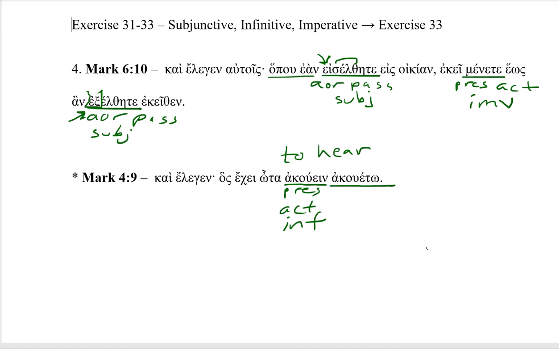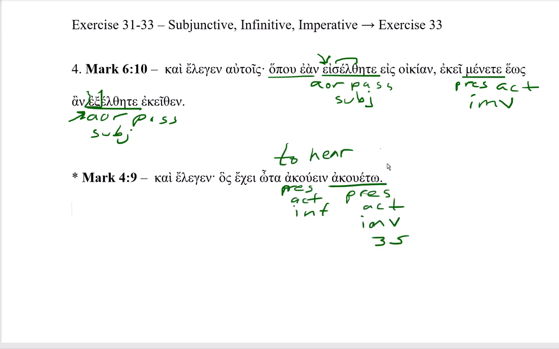And then akouetō. And so here we have a present active imperative, and that is third singular. And this translates to let him hear, that third singular idea.